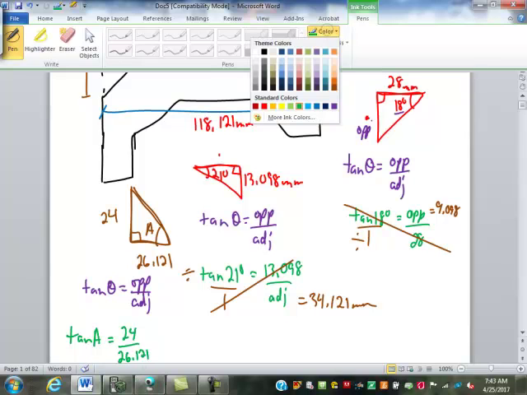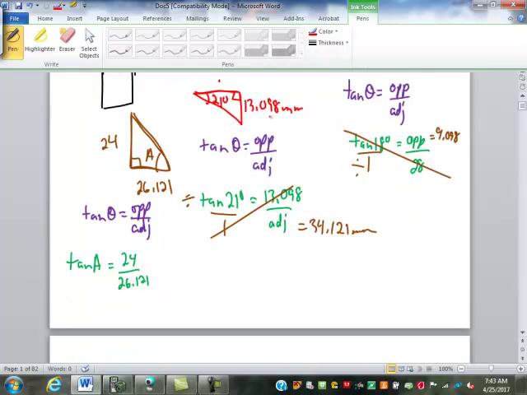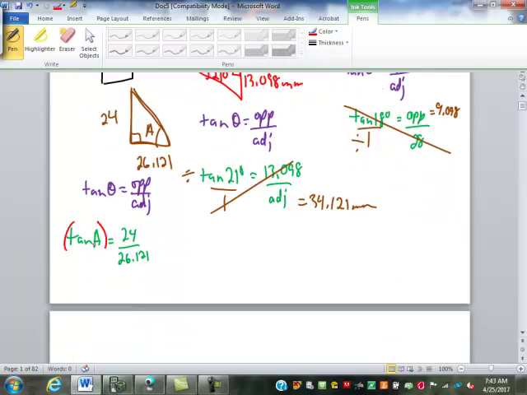Before I punch this in, obviously we know we're going to do an inverse tangent here, because we're looking for an angle. But before I punch this in, can anybody tell me, is this angle more or less than 45 degrees? If this angle is 45 degrees, what do we know about the opposite and the adjacent?